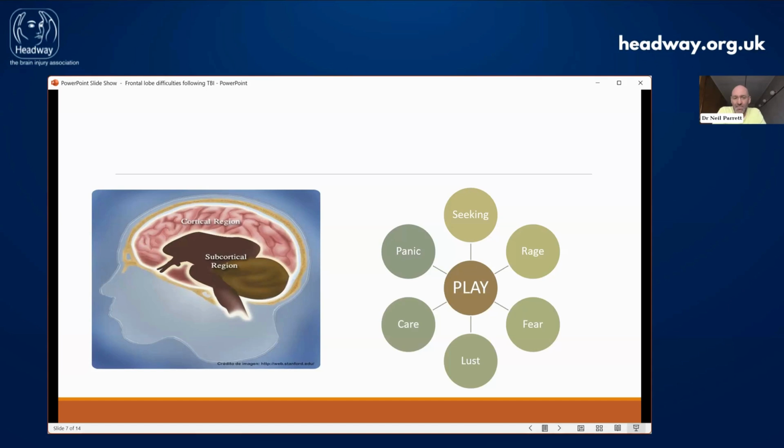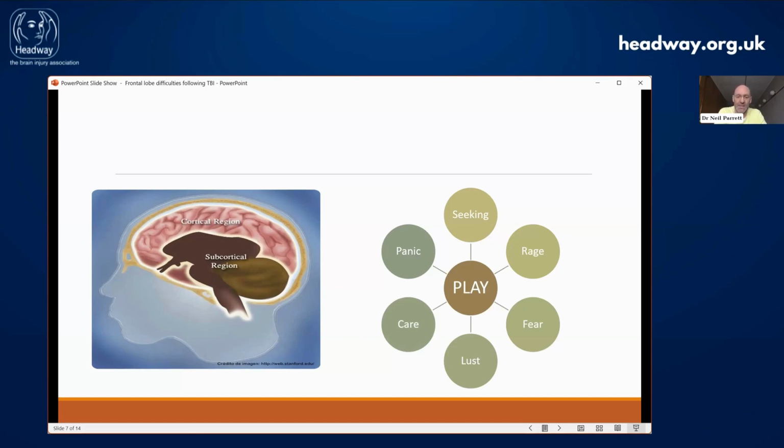So these are largely understood to fall under 6 categories: seeking being the most basic, the one getting out there into the world and looking for things, foraging in animals. But rage, fear, panic, lust, these are all instincts that have developed over evolutionary processes in order to protect us from danger.